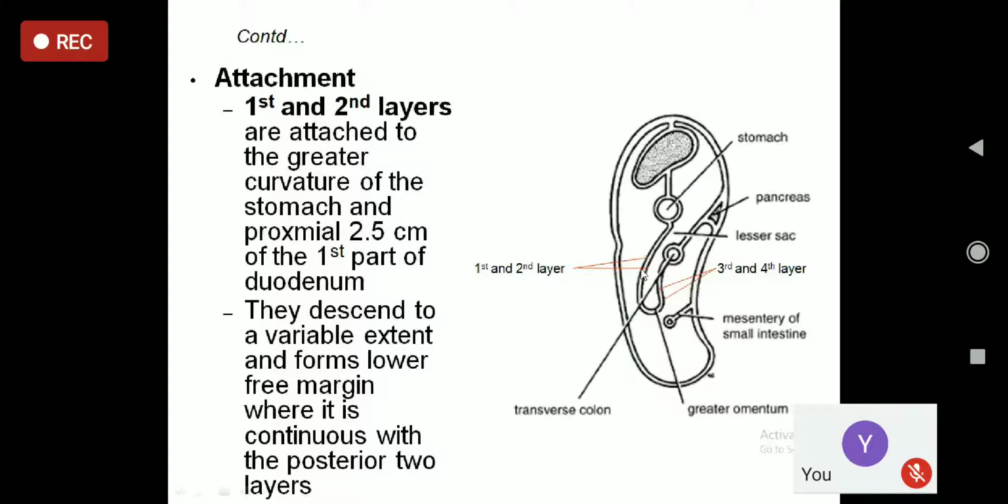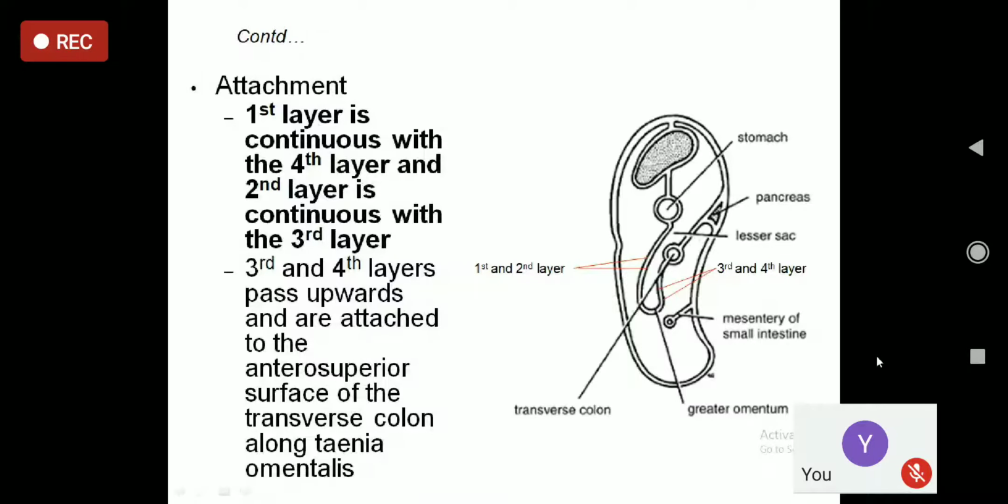So the first layer continues as the fourth layer, and the second layer continues as the third layer. So one, two, three, four layers of the greater omentum. So we have to follow the first layer. If you follow the first layer, it continues as the fourth layer here, just after folding, and the second layer continues with the third layer. So the second layer continues as the third layer of the greater omentum.